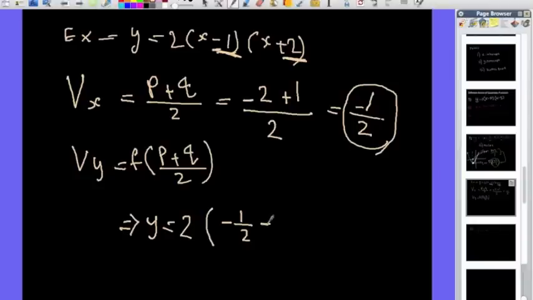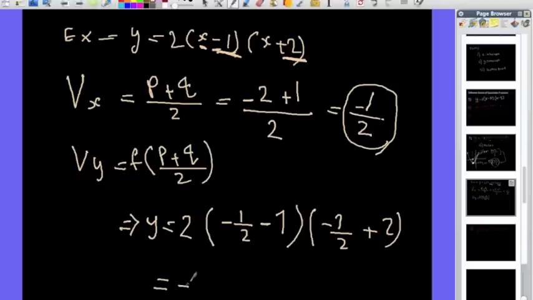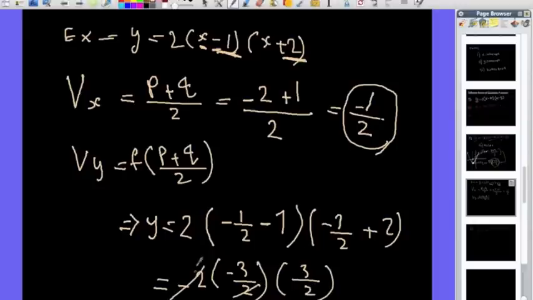You replace x with it because it's the x-coordinate. So it would be 2 times -3 by 2 times 3 by 2. So this and this cancel, and you would get -9 by 2. So this is the y-coordinate of the vertex point. See, it's not that hard after all.